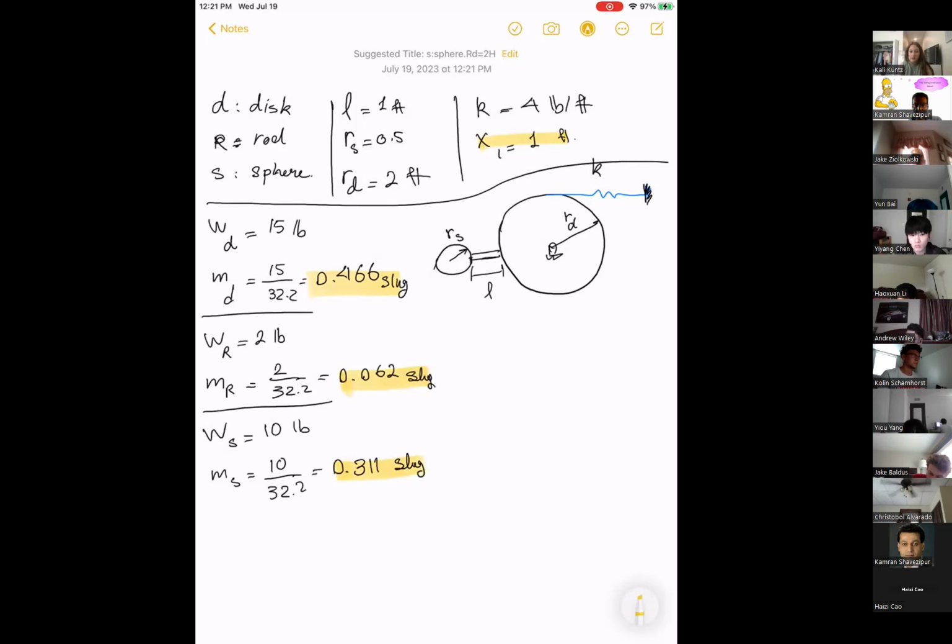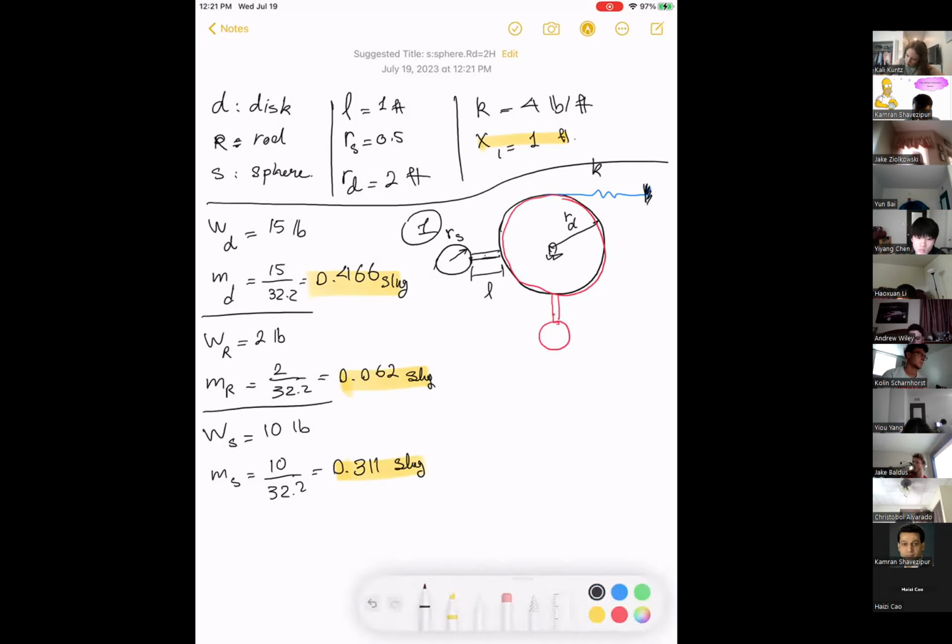Now, please look at the screen for a second. This is position 1, right? I'm just going to use black pens for position 1. In position 2, the disk, of course, is going to be in the same position, but rotating. The rod comes here. The sphere comes here. So you have center of mass for rod, and you have center of mass for sphere.